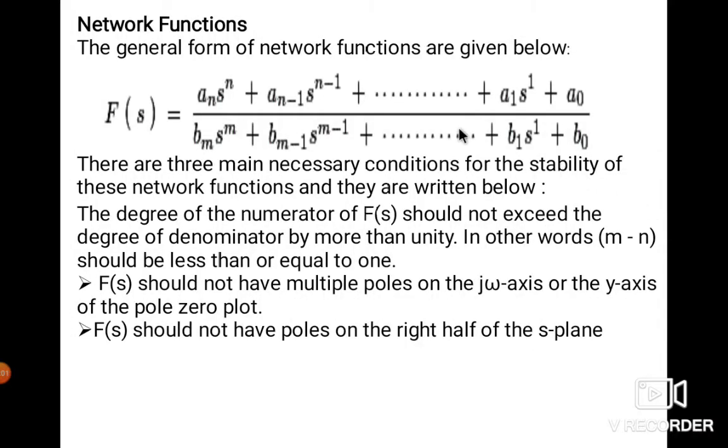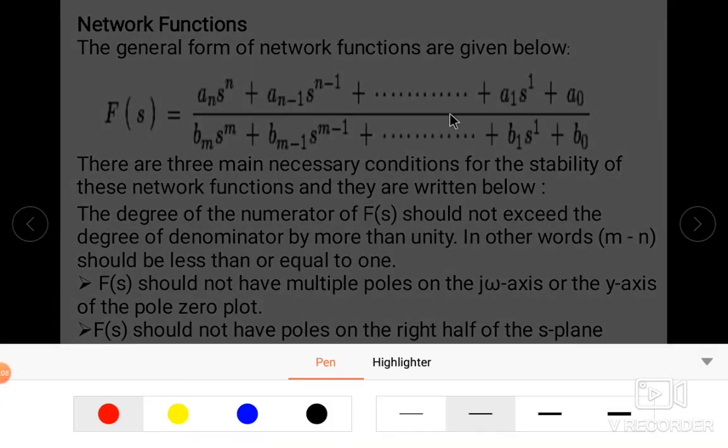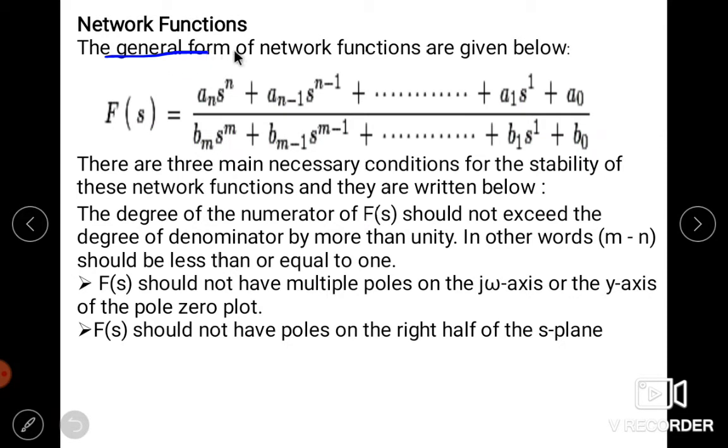See, if I take the general form of the network function, F(s), what does it mean by F(s)? It is a function in the s domain, with a numerator and a denominator.